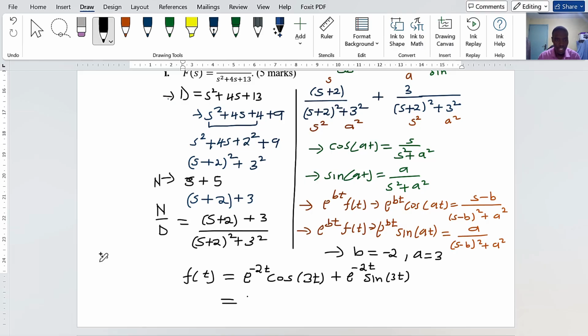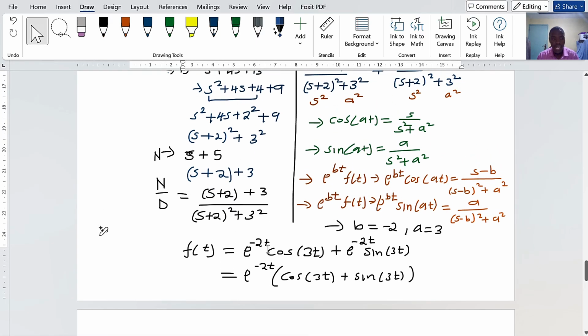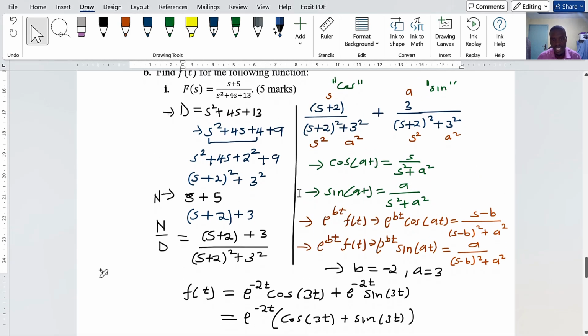So we can factorize this by saying e^(negative 2t) times (cos 3t plus sine 3t). Then we close. That is what we have by applying these conditions here. You just need to manipulate and make sure that you have the right thing.